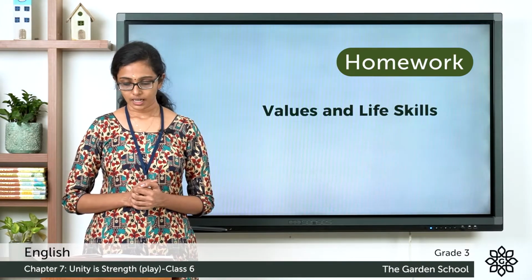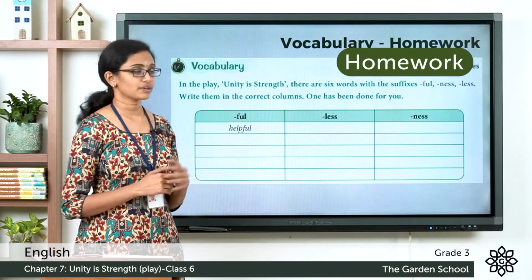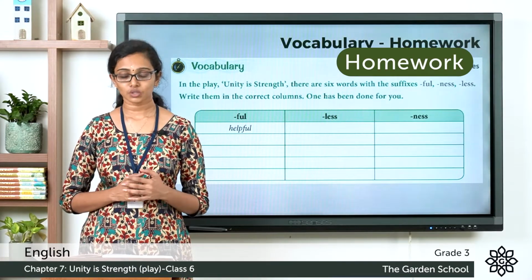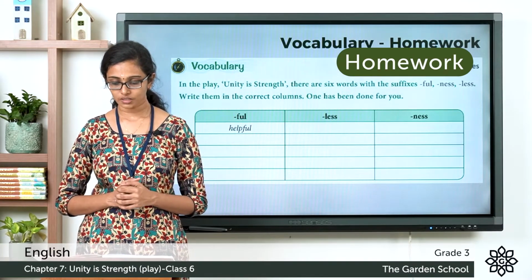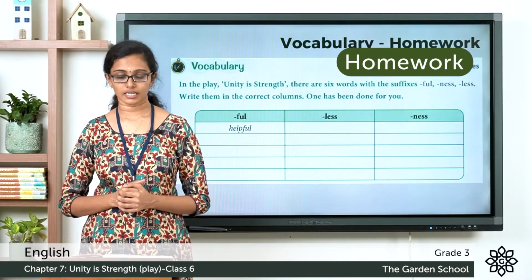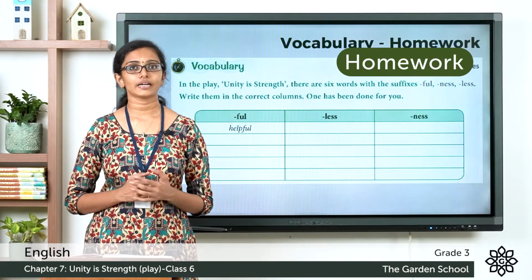Now the next part is the vocabulary exercise, and this is about suffixes. In the play Unity is Strength, there are 6 words with the suffixes FUL, NESS, LESS. Write them in the correct columns. One has been done for you.